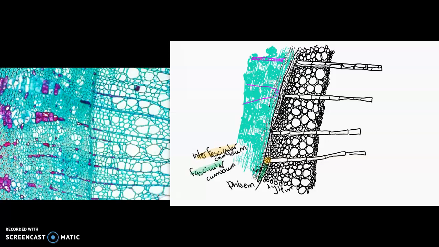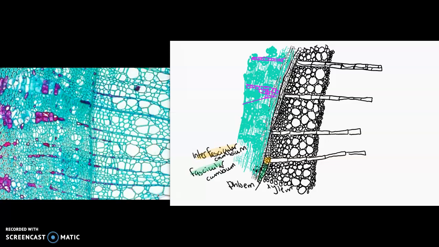So it kind of just fills it in so it doesn't get ripped apart, and you'll see a whole bunch of parenchyma cells in a very wide phloem ray. So this would be a wider ray here.